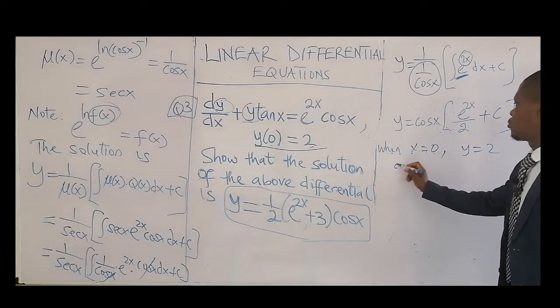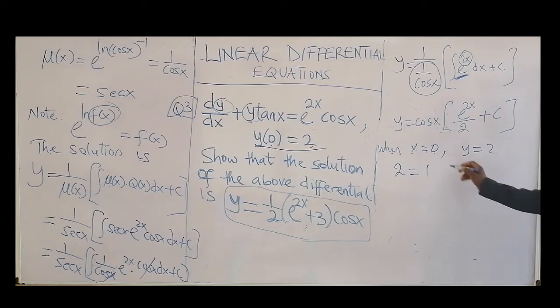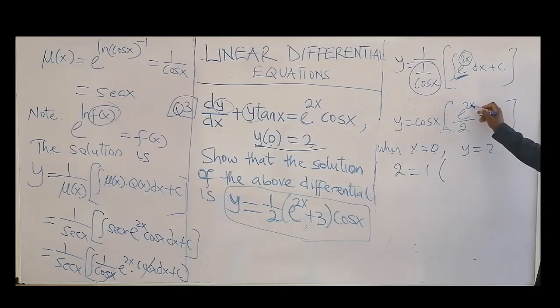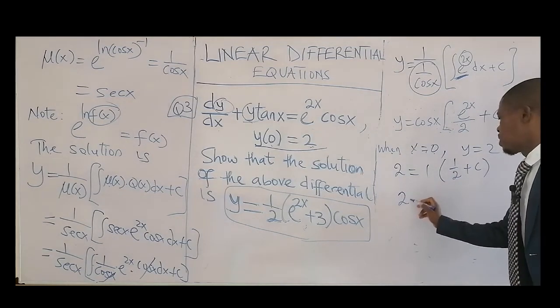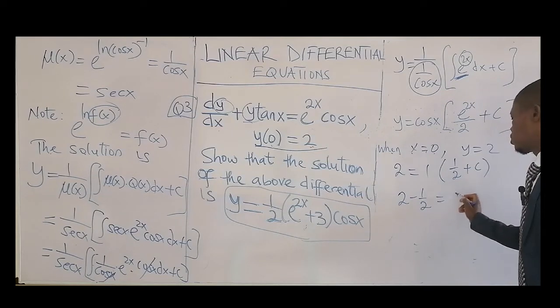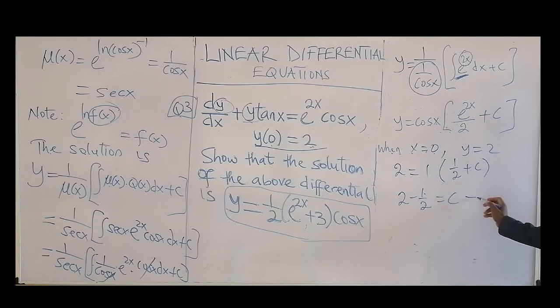So we have 2 equal to, cos 0 is 1, and e to the 0 is 1, so that's 1 over 2 plus c. Open the brackets. So this will be 2 minus 1 over 2 equal to c. So 2 times 2, that's 4 minus 1. So c is equal to 3 over 2.